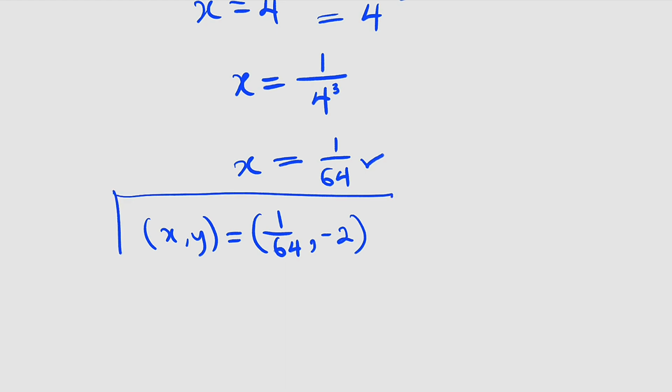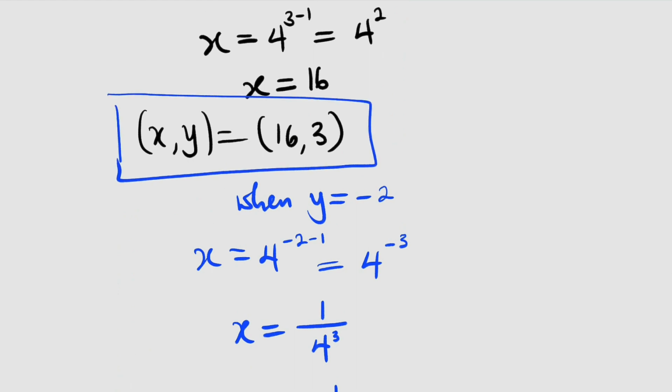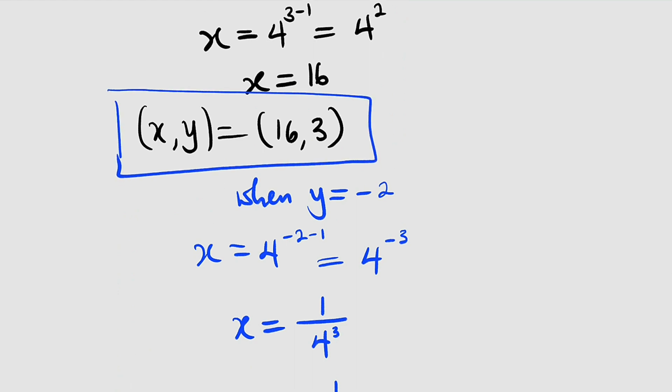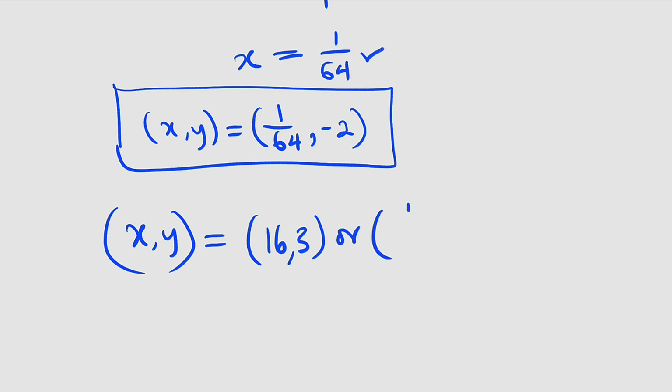So these are the two values of x and y. We can bring them together: 16 and 3, or 1 over 64 and negative 2.